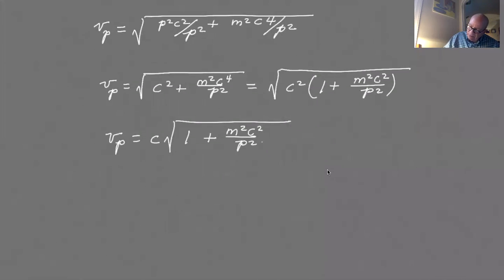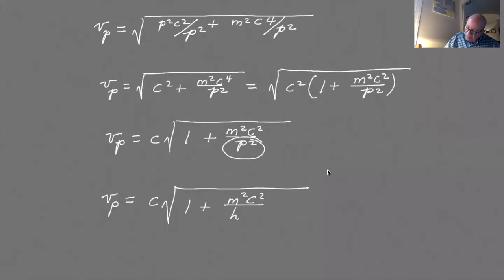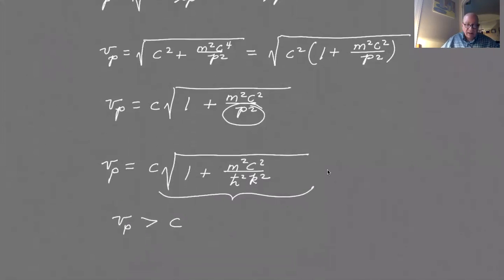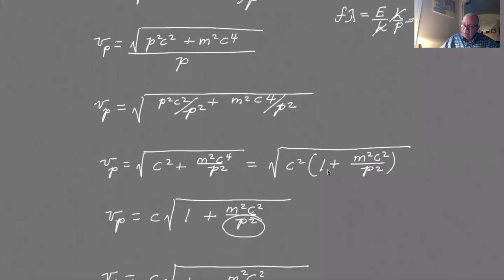Now invoking the de Broglie hypothesis, the phase velocity for a particular wave in the wave group is c times the square root of 1 plus m squared c squared over h bar squared k squared. And again, this is all positive, and that's going to mean that the phase velocity is greater than c, as we got before.